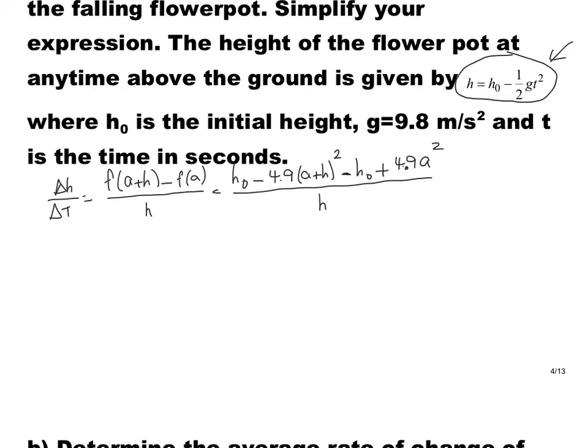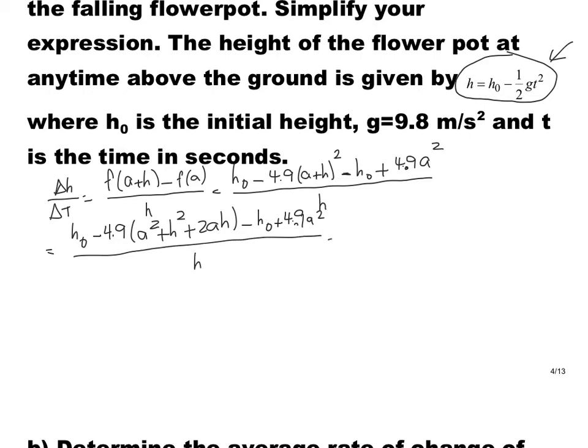Now I'm going to expand this one. I'm going to get H0 minus 4.9 times A plus H squared, which is going to give me A squared plus H squared plus 2AH, minus H0 plus 4.9 A squared over H. Now I'm going to expand negative 4.9 inside the bracket.